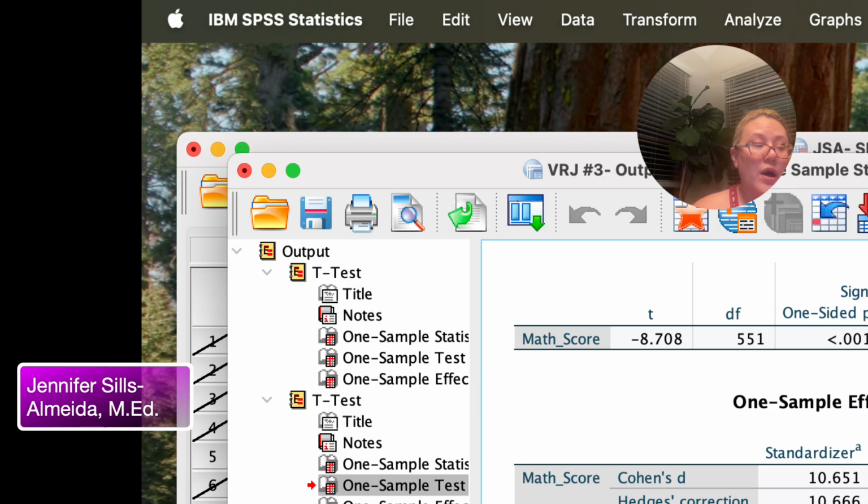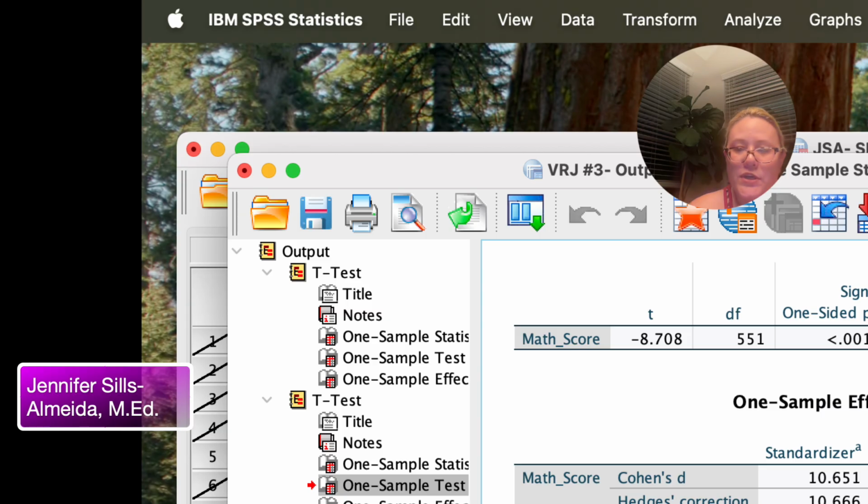And then what we'll also need to do is look at the degrees of freedom. That is how much data was able to vary. So we have that. Now this is the next one. We are trying to determine this test. And when we're looking at the p-value, we talked about alpha.